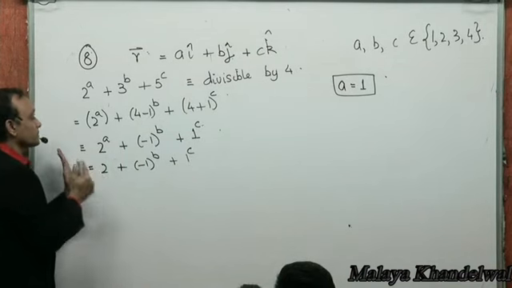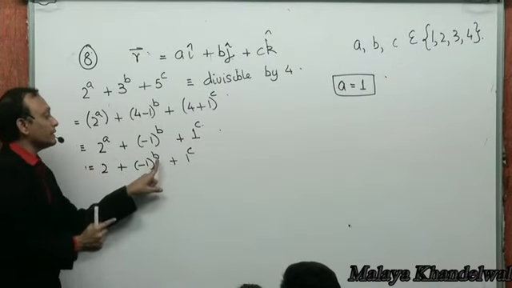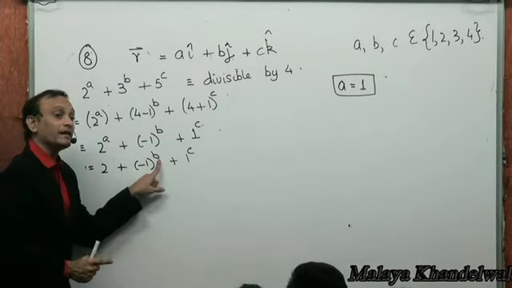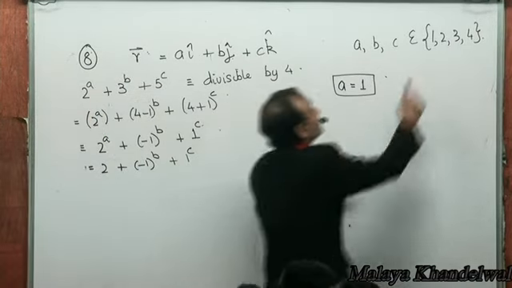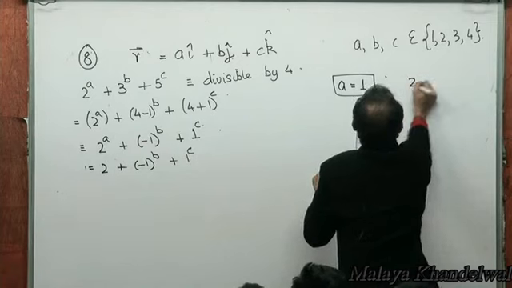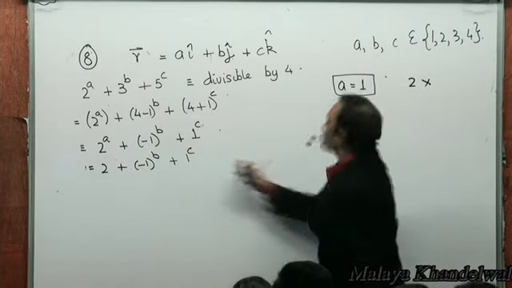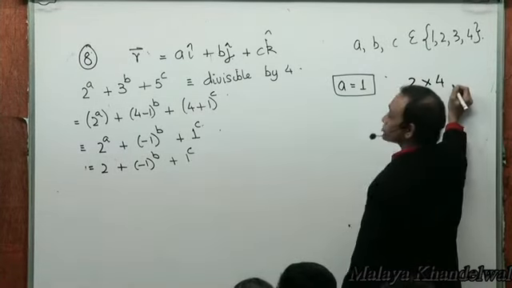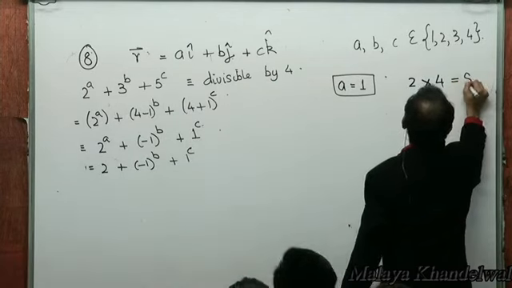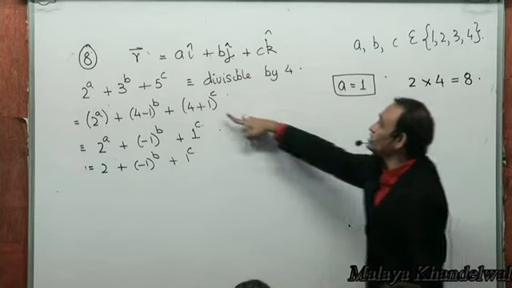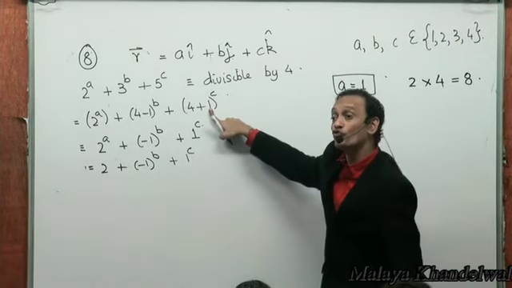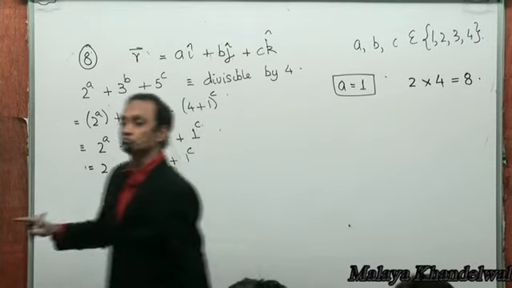So if A is 1, B can be any even number. 2 ways of selecting B. And C can be anything. C can be selected in 4 ways. So if A is 1, there are 8 possibilities of A, B and C that will cause this number to be divisible by 4. Yes or no?